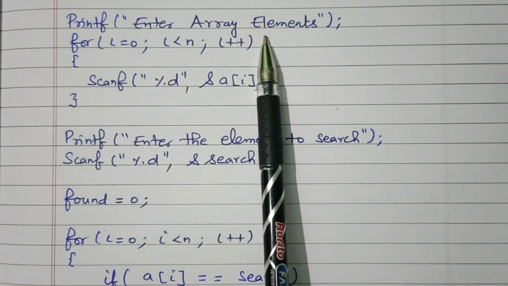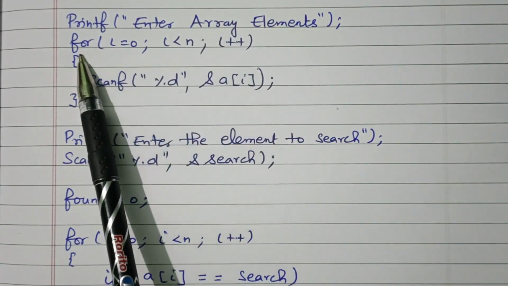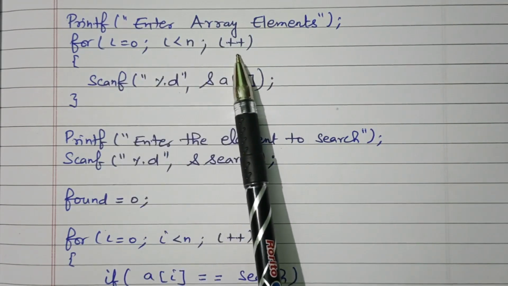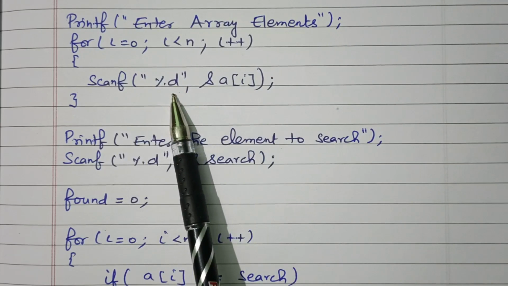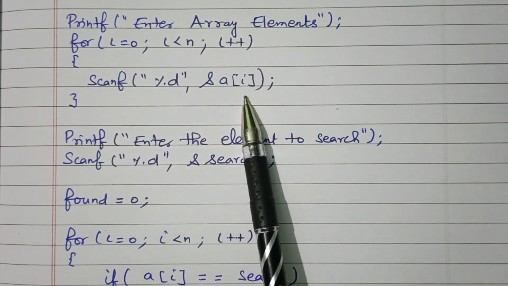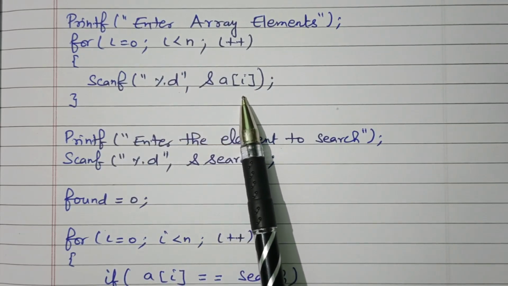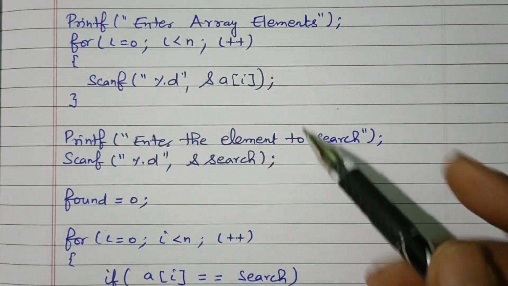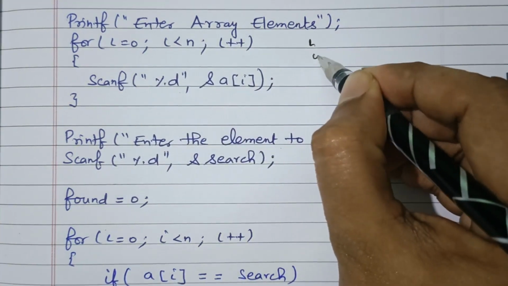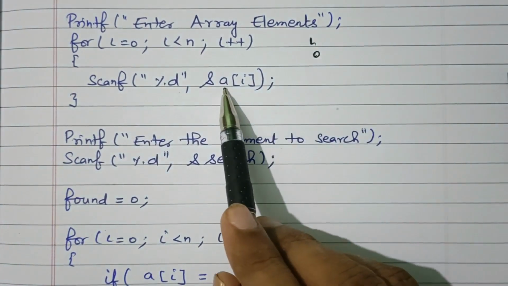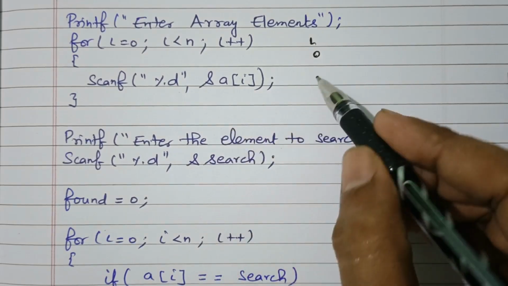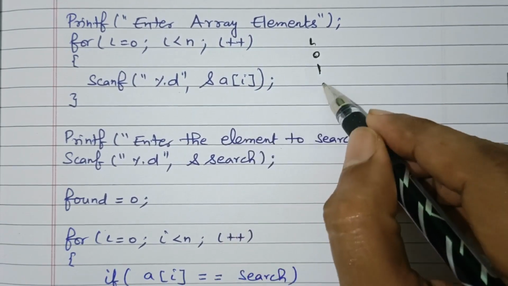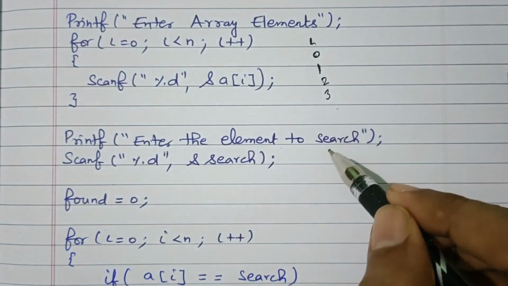For that we are using a for loop: for i equal to 0, i less than n, i plus plus. scanf("%d", &a[i]). The first element entered by the user will be stored in a[i]. i is 0 first, so the first value will be stored in the address of a[0]. Then it is incremented to 1, and the second value is stored in a[1]. Then it will go to 2, 3, like that.